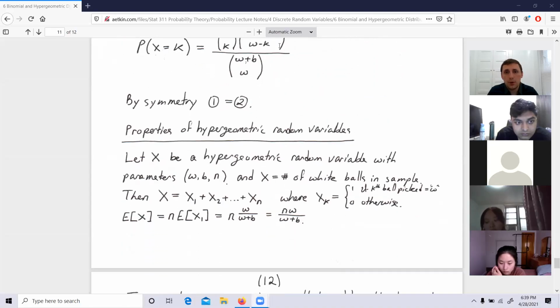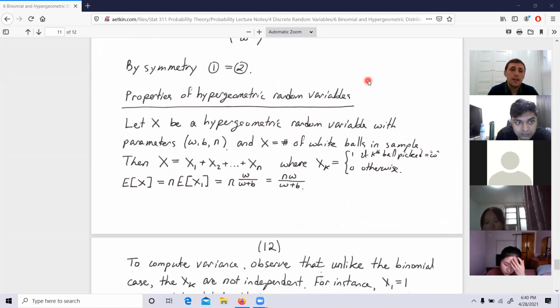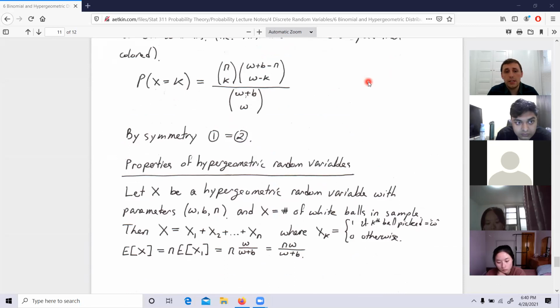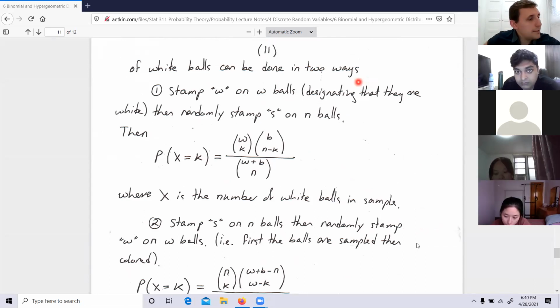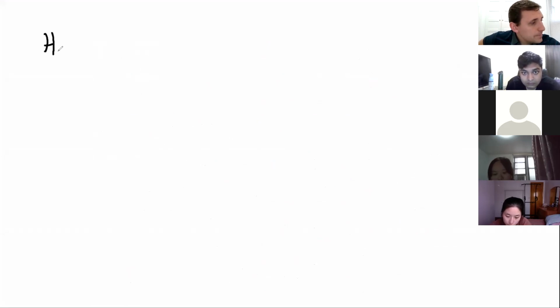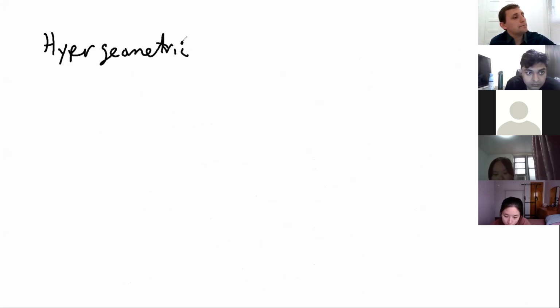So now let's talk about the properties of hypergeometric random variables. So of course, guys, let's try to calculate the expected value, and maybe you will do that. So we have a hypergeometric random variable with parameters w, b, and n.